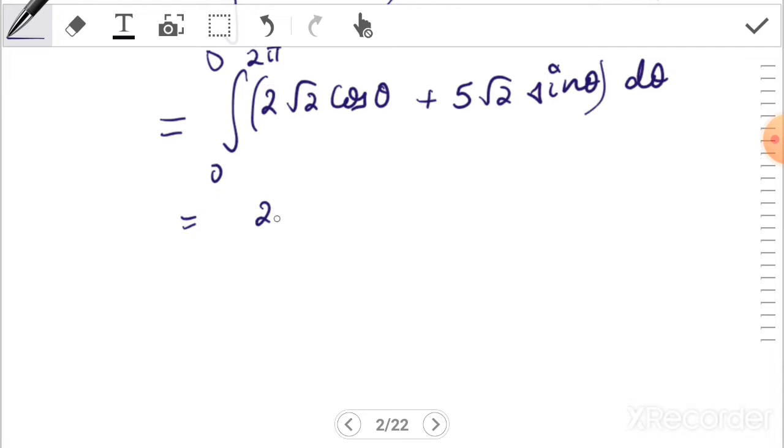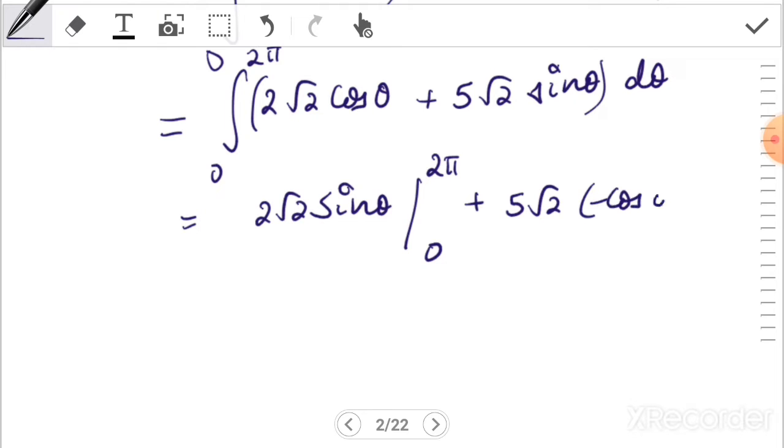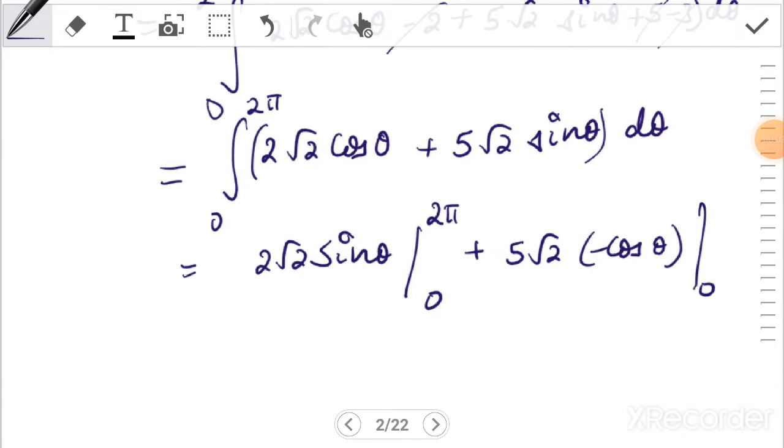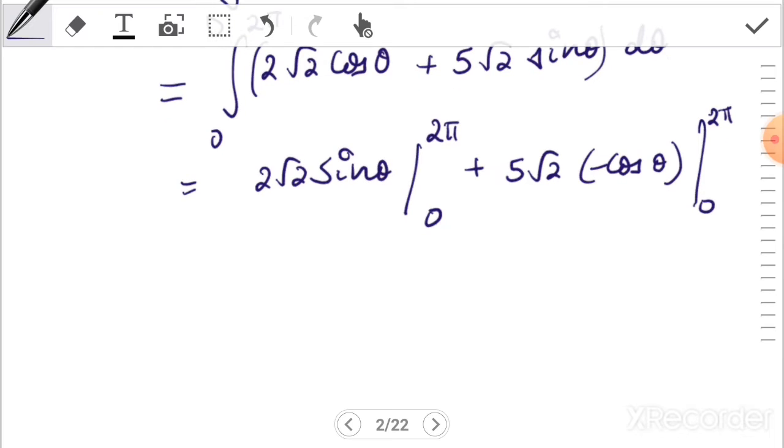Again, 2 root 2 times the integration of cos theta, which is sin theta, from 0 to 2 pi, plus 5 root 2 times minus cos theta, from 0 to 2 pi. This will be equal to 2 root 2 times sin 2 pi minus sin 0, which is 0 minus 0.